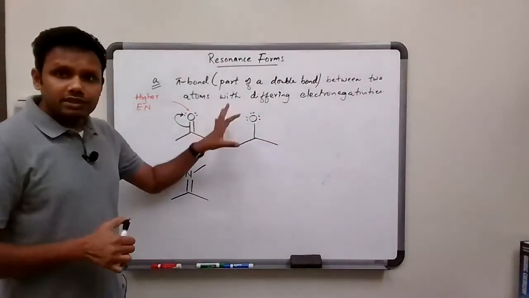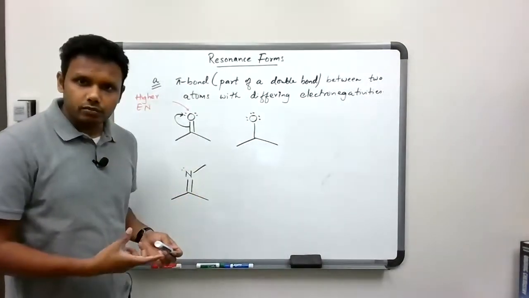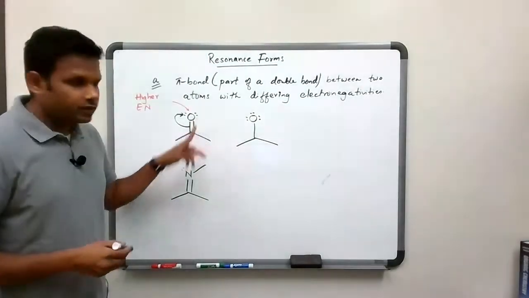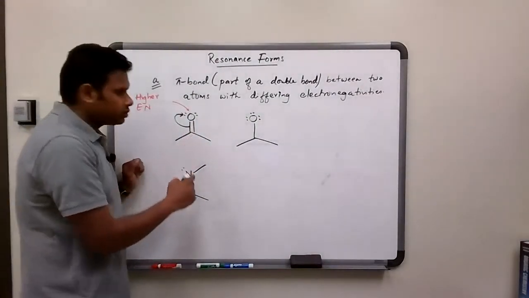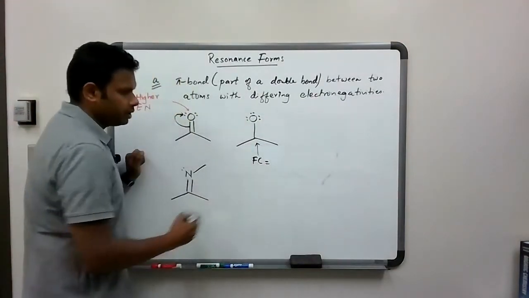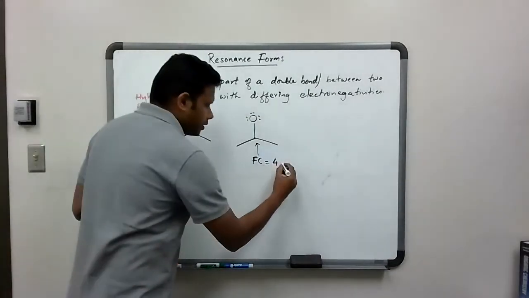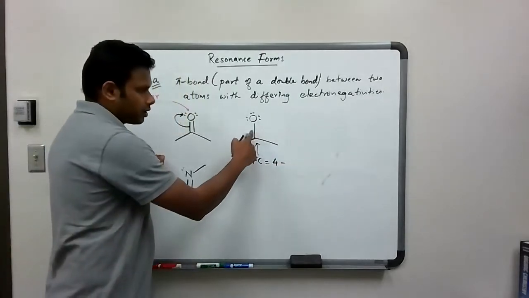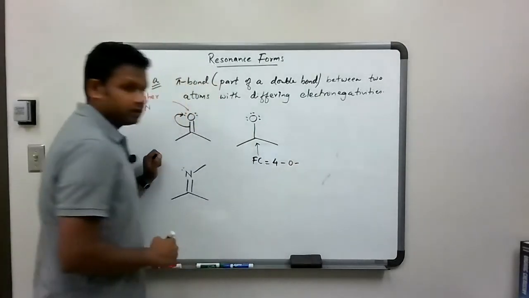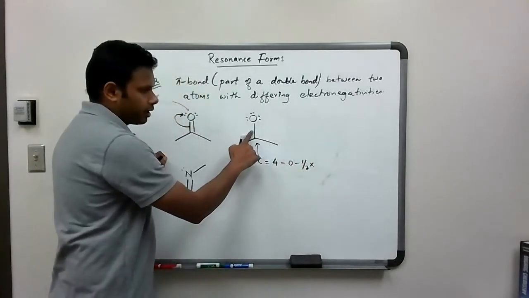But it is missing formal charges at this point. So you can calculate formal charge for the carbon atom and for the oxygen atom. If I have to calculate the formal charge for the carbon atom, formal charge should be carbon's valency, or group number, which is 4, minus the lone pair electrons, there are no lone pairs on it, so 0, minus half of the bonded electrons.